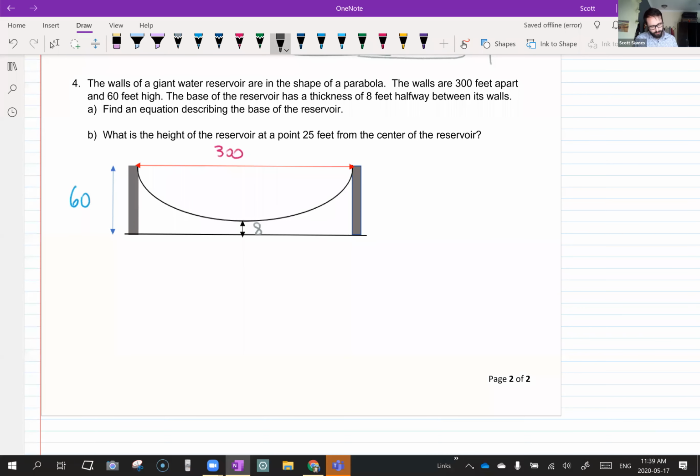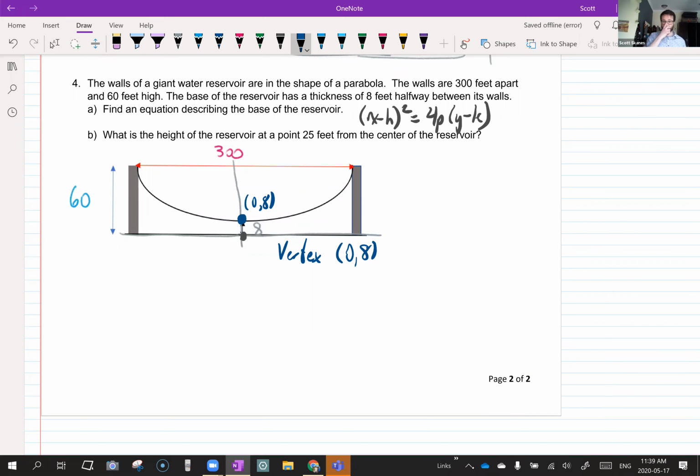Well, I know the general form. This is x squared form again. So it's going to look like this. And I'm going to say that my center, actually I should write the full thing just in case. I'm going to say my center is down here. My center is there. My vertex then is going to be at 0 and 8. Okay, that's my vertex.